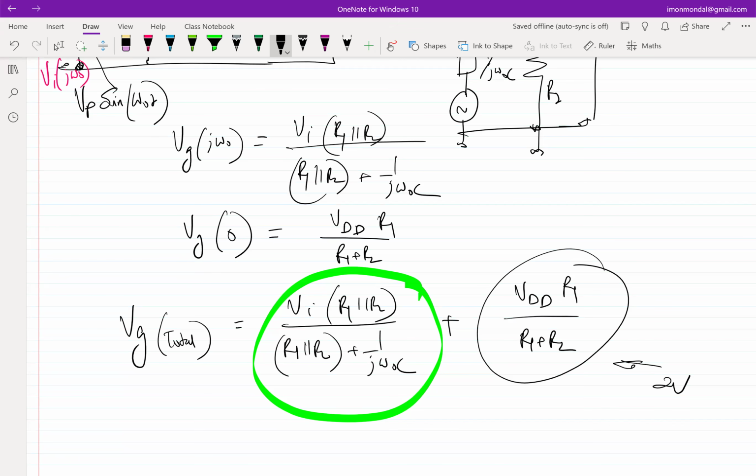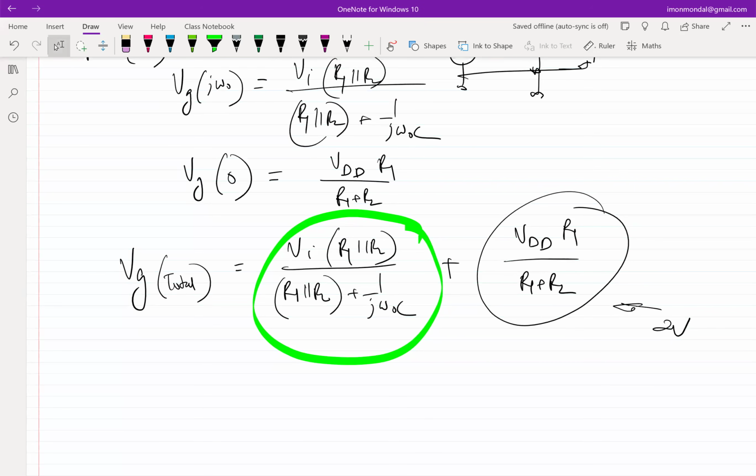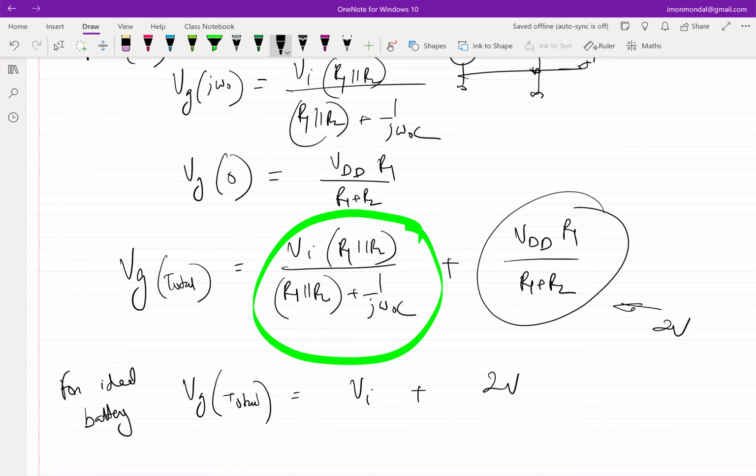Okay. So if we want this fraction to be as close to Vi as possible, what design choice will you make? So for an ideal battery, your Vg total should have been Vi plus this 2 volt, right?